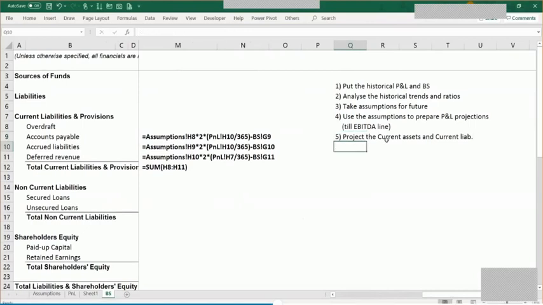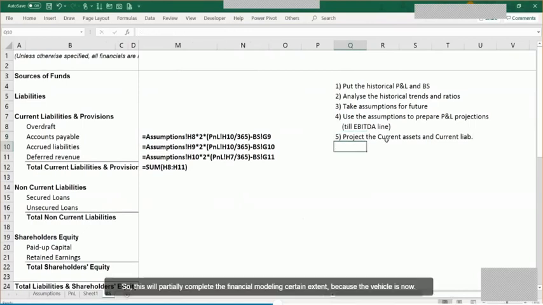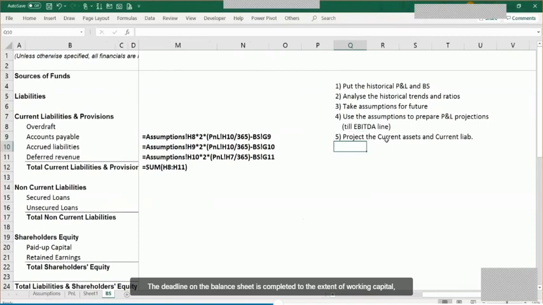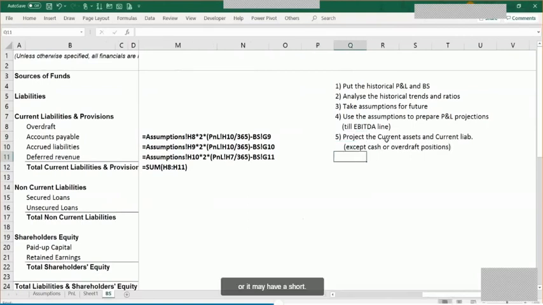So this will partially complete the financial model to a certain extent, because the P&L is now completed till the EBITDA line and the balance sheet is completed to the extent of working capital covering the current assets and current liabilities, except cash or overdraft positions, because the company will either have a cash balance in the bank account or it may have a shortage, which would basically be reflected as a liability under the overdraft line.